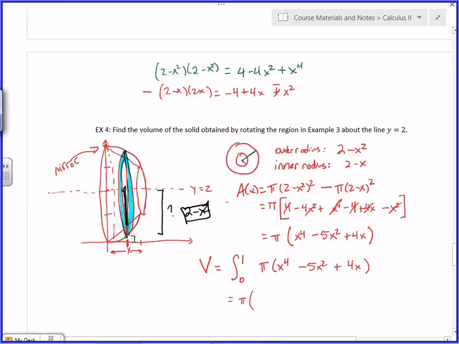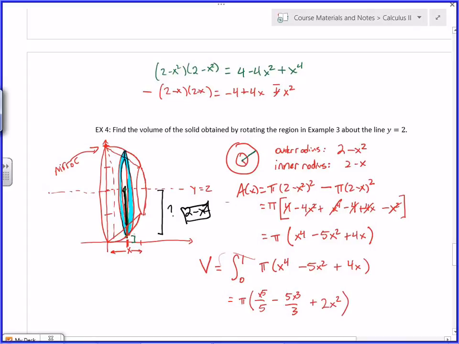Pi just hangs out, it's a constant. Integral of x to the 4th: x to the 5th over 5, minus 5x cubed over 3, plus 2x squared.